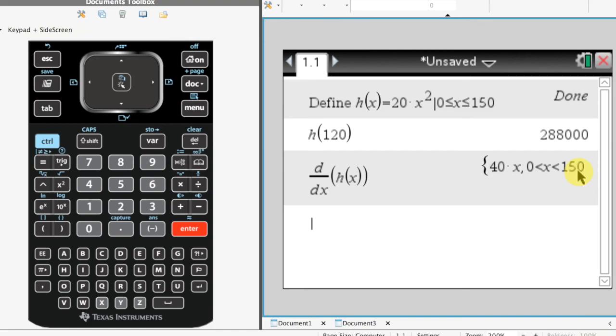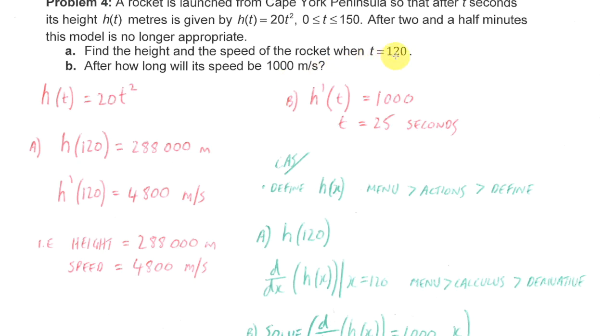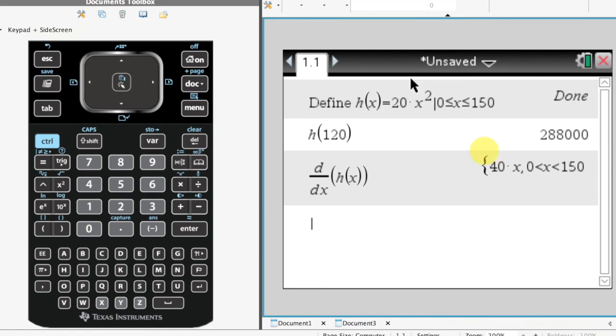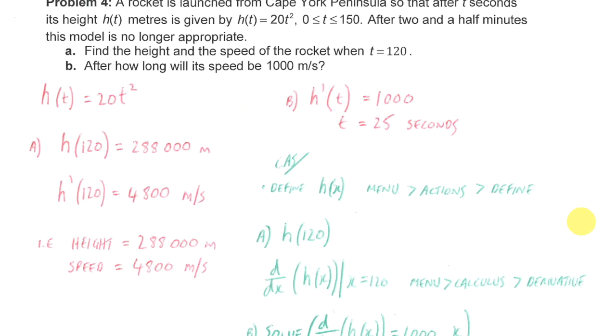So a way of me calculating the speed at 120 seconds would be to simply say, let's have 40 times 120. And you can see I can get my 4,800. There it is there.